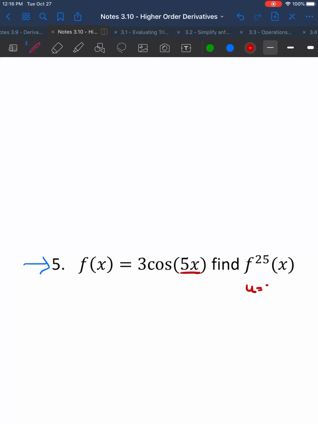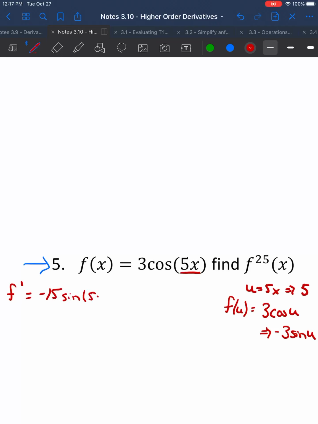I'm going to have a u. Its derivative is 5. f of u is 3 cosine u, and its derivative would be negative 3 sine of u. So then I multiply those together to get my first derivative. But now to get my second derivative, I have to use a u again.